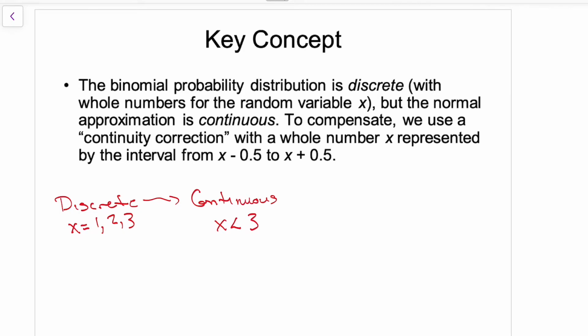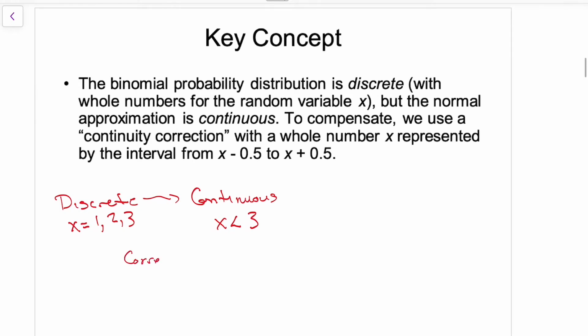What we need to do is correct for this change from discrete to continuous. We get what's called a continuity correction, where we take a whole number in the discrete random variable x and transition it to the interval of x minus 0.5 to x plus 0.5 to be able to fill in those continuous gaps.